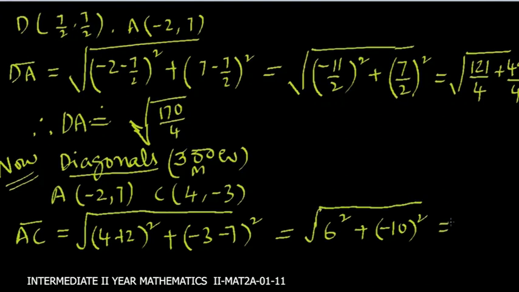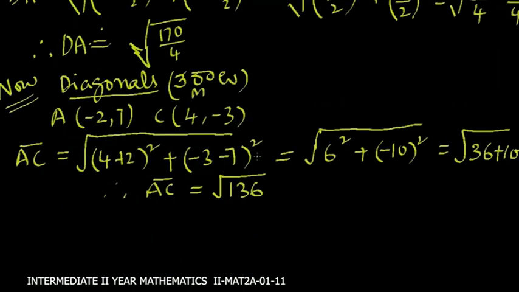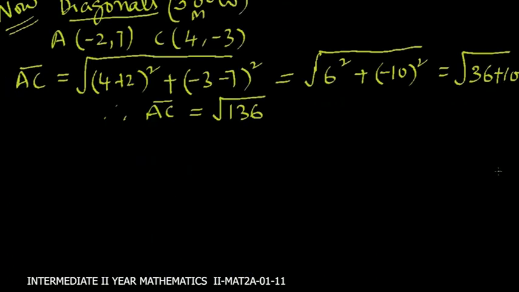Now this will be 6 square 36, 10 square 100. Therefore, the first diagonal is the square root of 136.